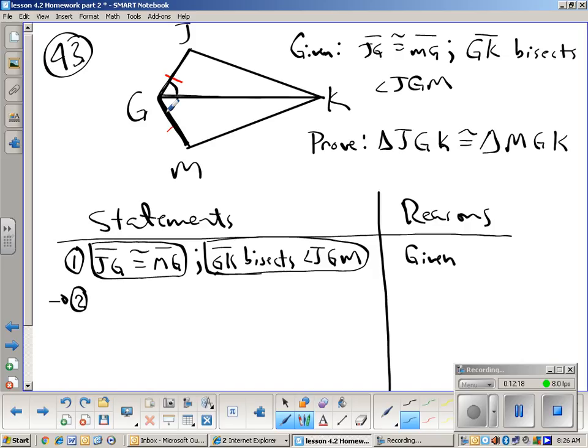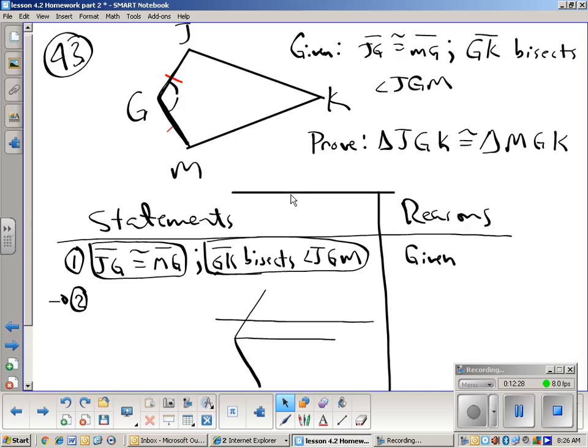If I took that line out of there, yeah, I'd just have this one big angle, wouldn't I? Okay, but by putting that bisector back in the middle, I've cut that big angle into two equal angles.